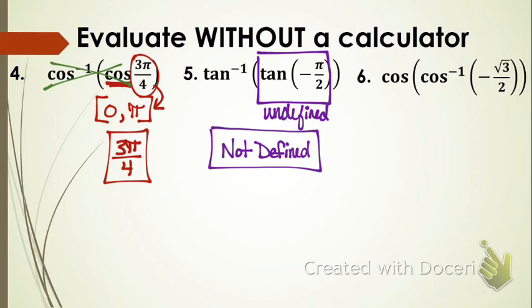Last one. Inverse cosine has to be in between what values? -1 and 1. Is this value right here in that window? Yes or no? Is square root of 3 bigger or smaller than 2?